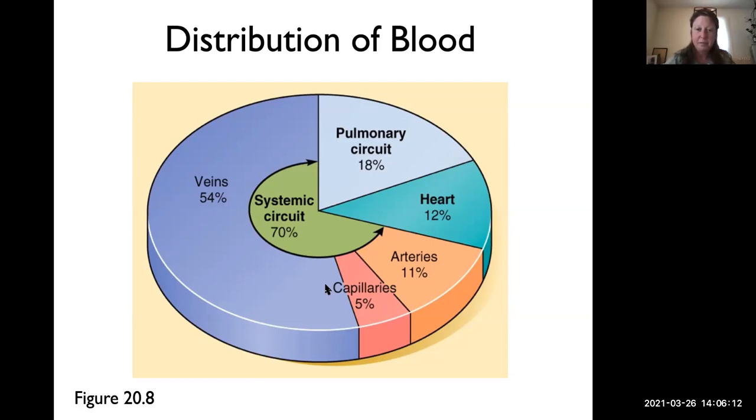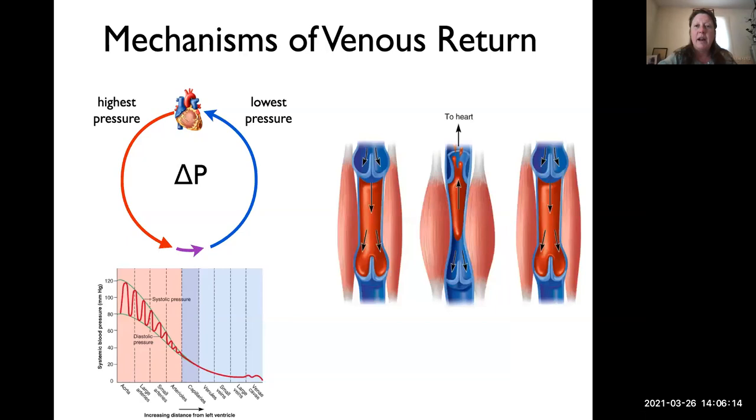Now, veins have the lowest pressure of any of the vessels. This makes sense because substances only flow from high pressure to low pressure unless we do work. So the highest pressure in the vessels is in the arteries because it's receiving blood directly from the contracting ventricles.